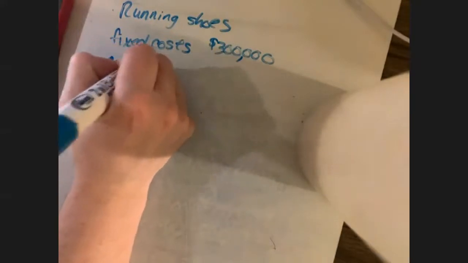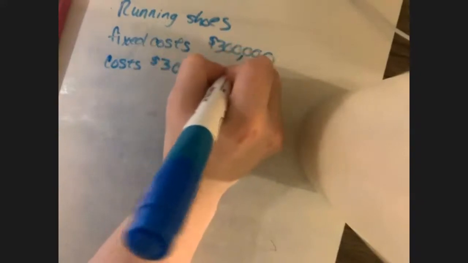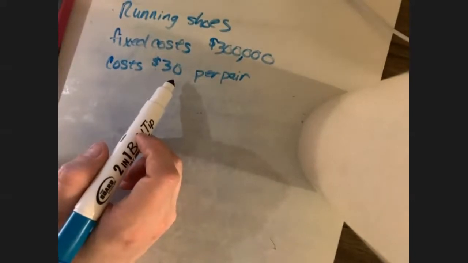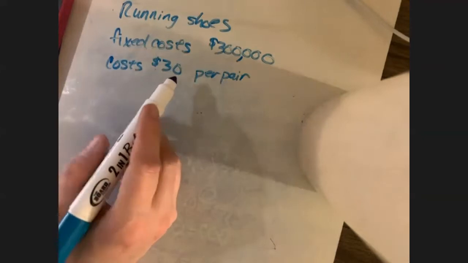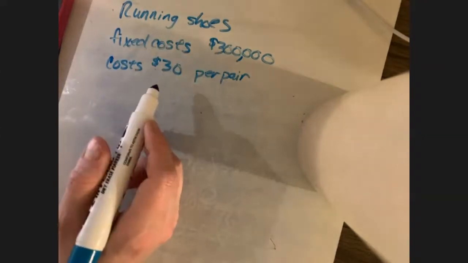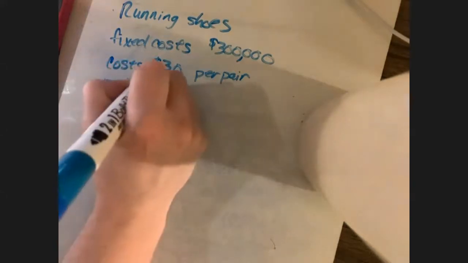Then they say costs $30 per pair. So this 30 bucks is like the leather, the shoelaces, the rubber, the stuffing, the whatever else, okay? The thread to stitch it together, however you want to do that, okay? They're sold for $80 a pair.